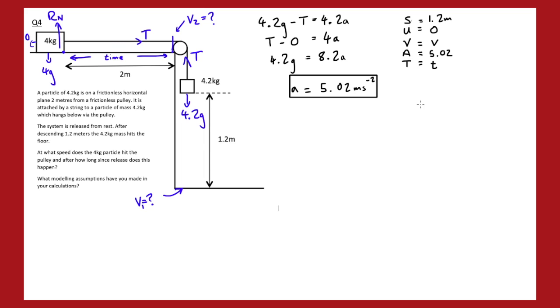So the velocity, I think it's obvious we're going to use v squared equals u squared plus 2as, and as often happens, u is 0, so that goes straight away. I have v squared equals 2 times 5.02 times 1.2.